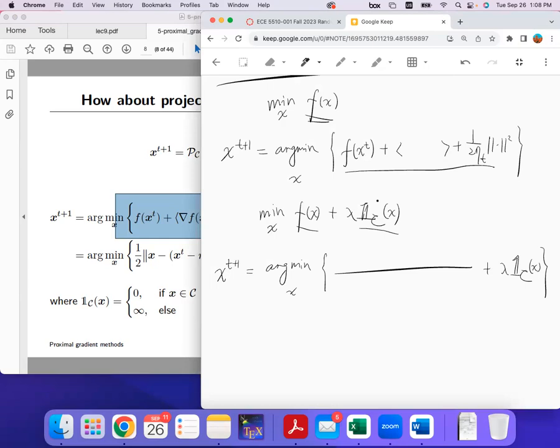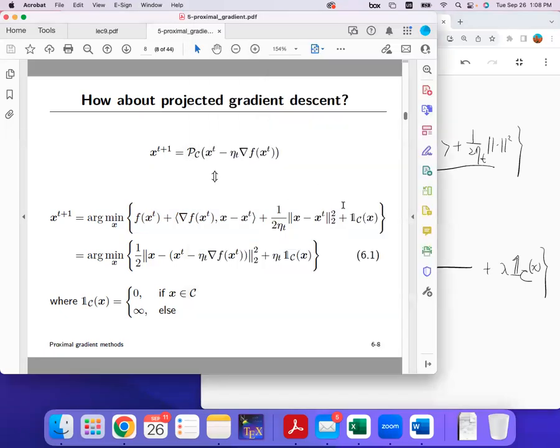It's very hard to approximate it, so I will just leave it there, in my approximation model. So the approximation model now becomes a local quadratic approximation for the f(x) part plus the regularization part.